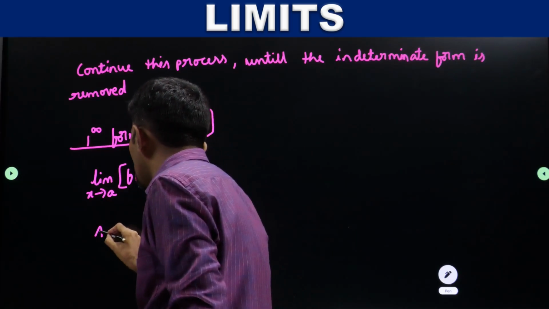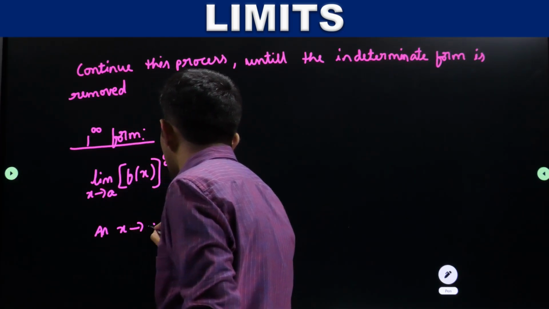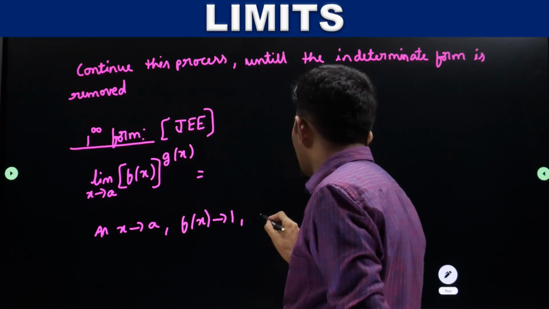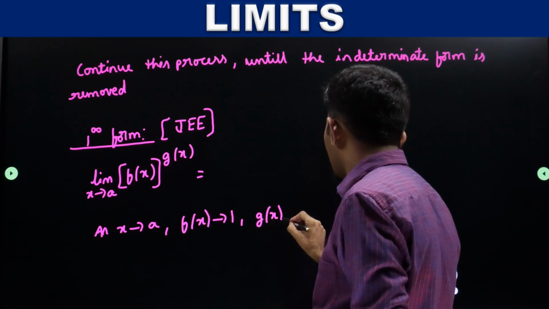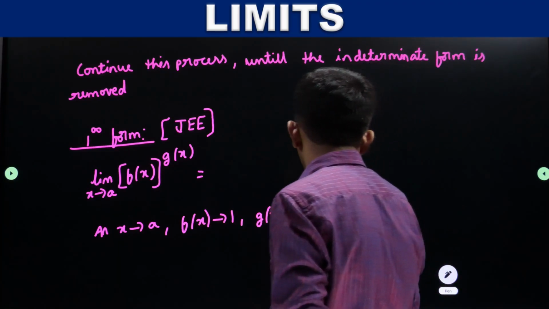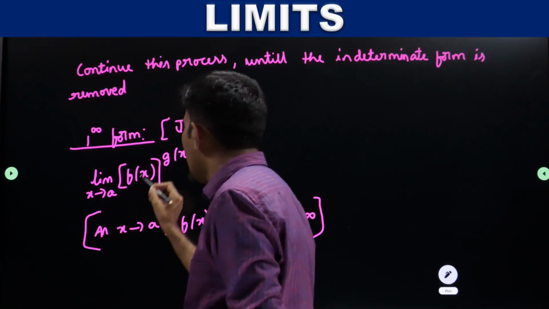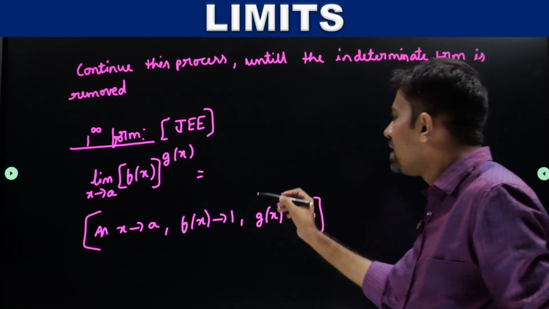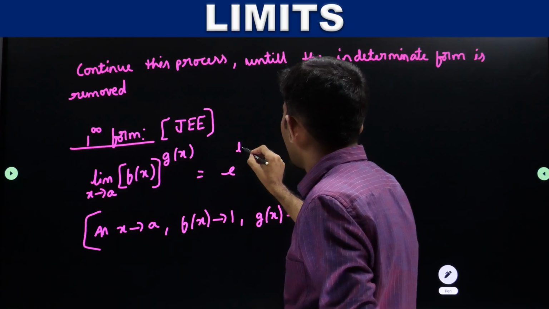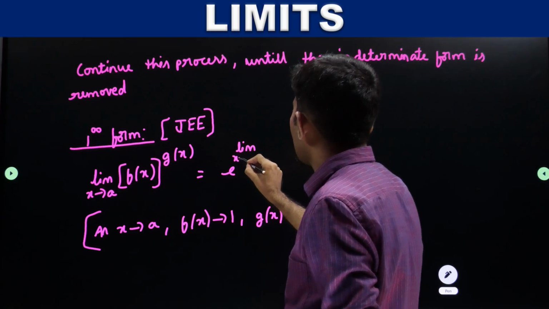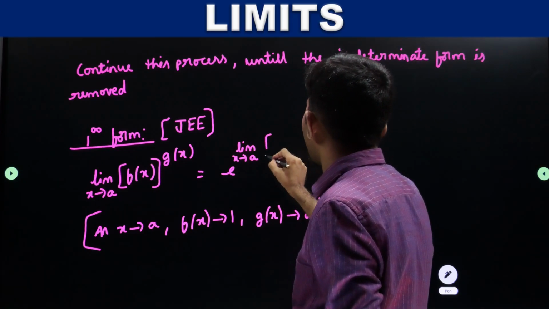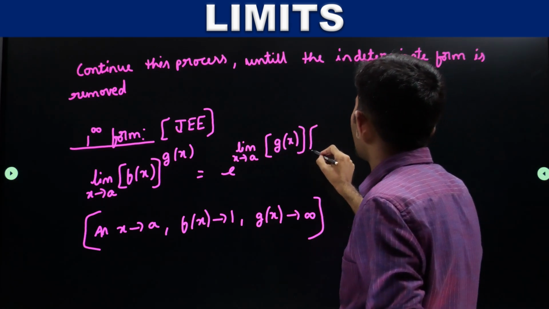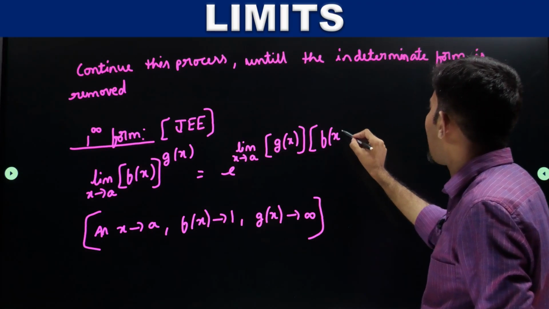As x is approaching a, f of x is approaching 1 and g of x is approaching infinity. In that case, the formula is e power limit x tends to a of g of x into f of x minus 1.